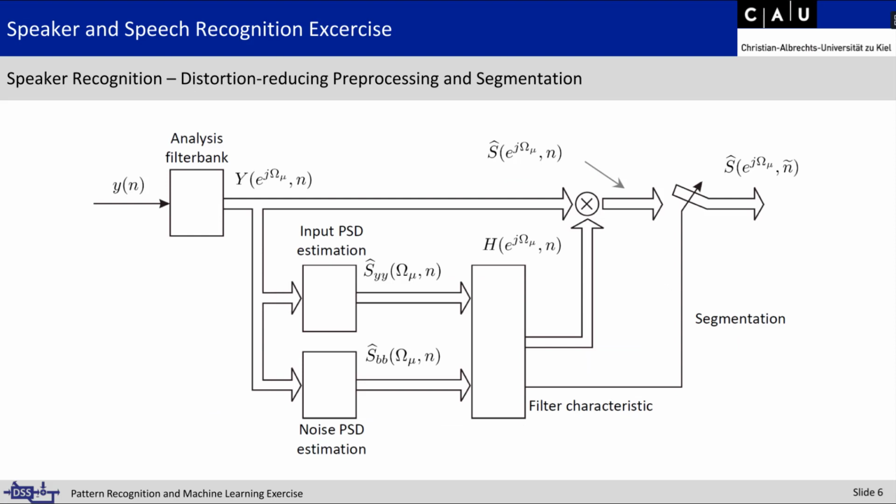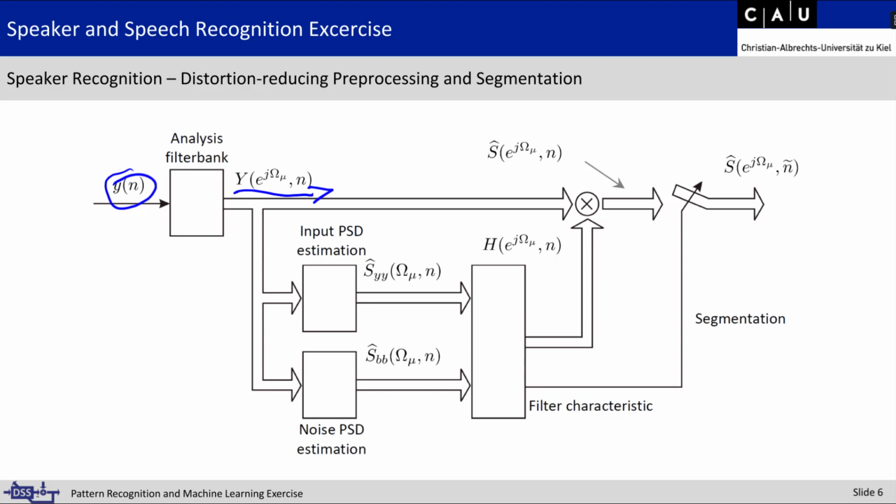As I said before, that's, for example, noise reduction. This picture should be familiar to you, because it is a picture of a Wiener filter. It should have been handled in the first exercise, where you already programmed a Wiener filter. A short summary: we have an input signal, y of n, in the time domain, going to an analysis filter bank where we get our short-time spectrum.